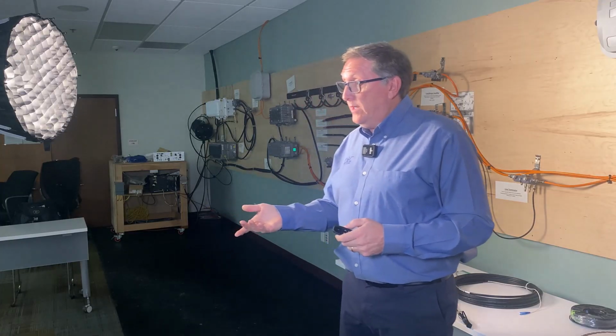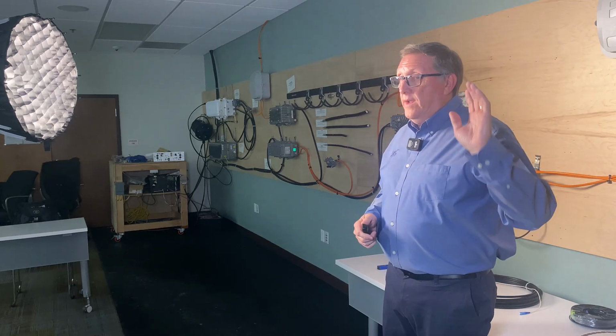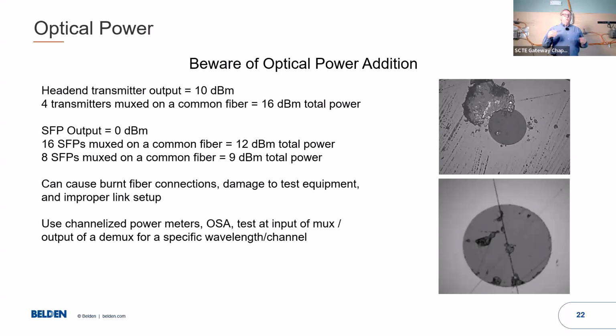So why is this important? One of the things that has happened in the past with myself, when we're setting up nodes, we're doing node splits, the muxes used to be inside the node housings. And we would set up the links between the head end and the plant techs, and they would call out that they were looking for 0 to 1 dB into their receivers.